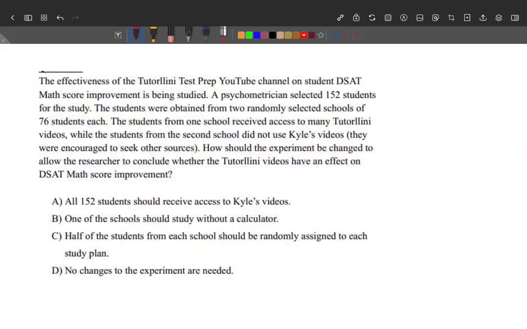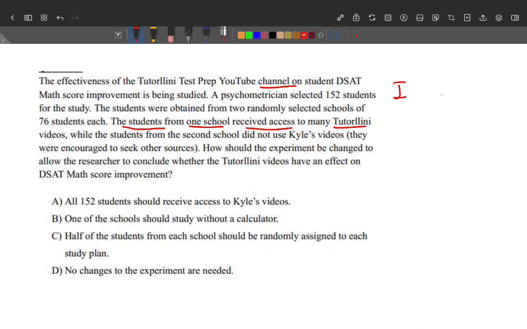Okay, this question: the effectiveness of the tutor linear test, and if you read it, you can catch the meaning of this question. They are saying the students from one school, first group, have received access to this one.